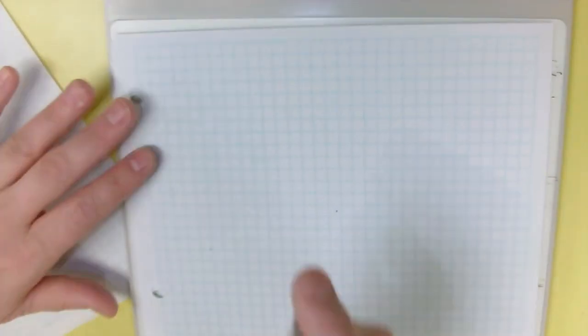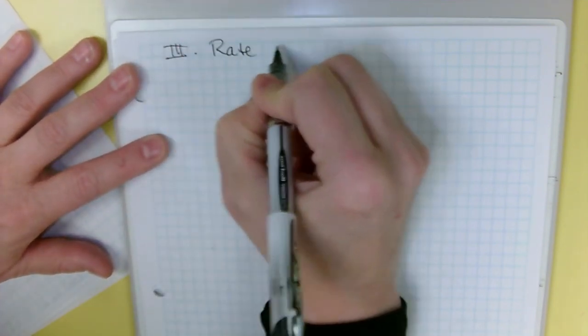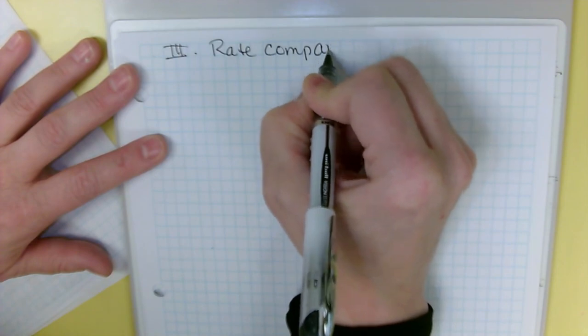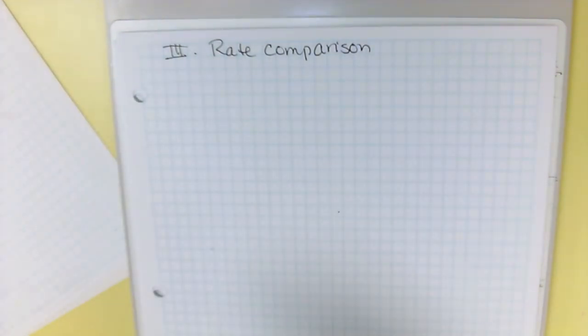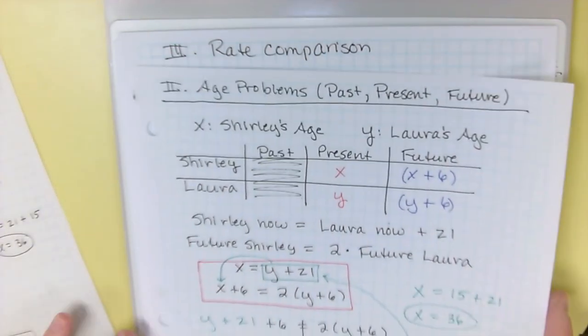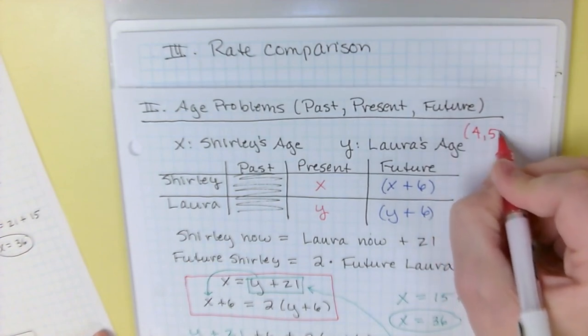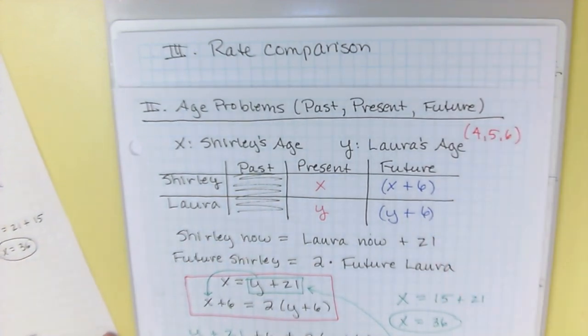Okay, so let's do Roman numeral 3. Rate comparison. Oh, by the way, past, present, future problems are 4, 5, and 6 on your homework. So you might want to write that down.